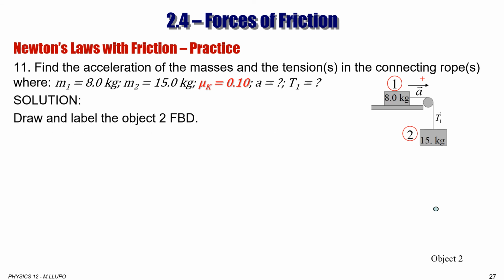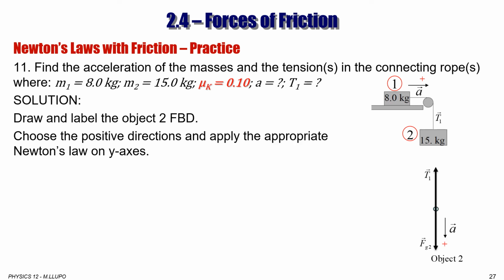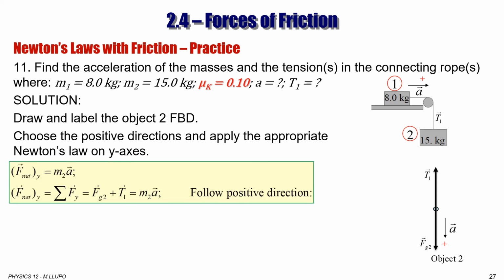We solve for object 2, free body diagram, Fg2 and T1. The direction of the motion is down because that object is falling down. So that will be a positive direction. And we have only the y-axis. We don't have an x-axis. So that's what we do. On the y-axis, we have acceleration. It's equal to m2a. So we have two forces. Sum of all forces: Fg2 plus T1 is equal to m2a.